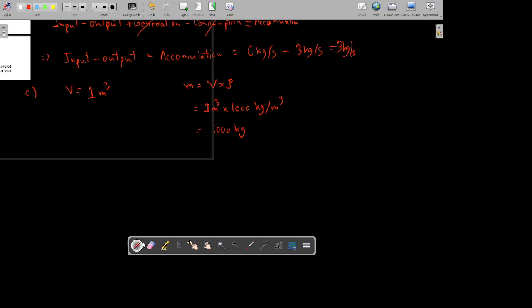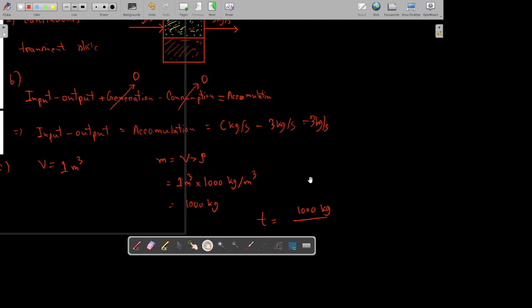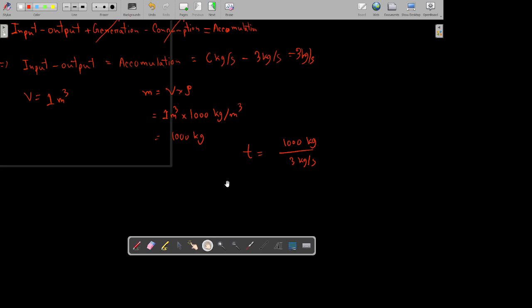So the time will be 1000 kg divided by 3 kg per second. Now kg cancels out.